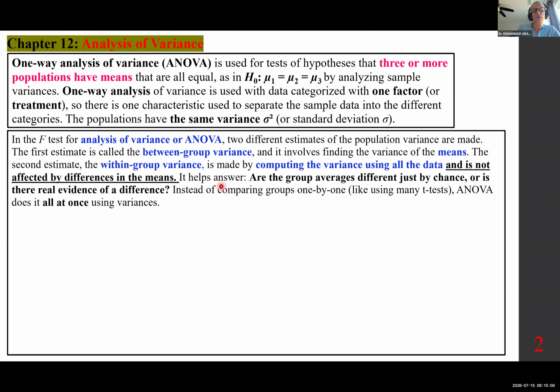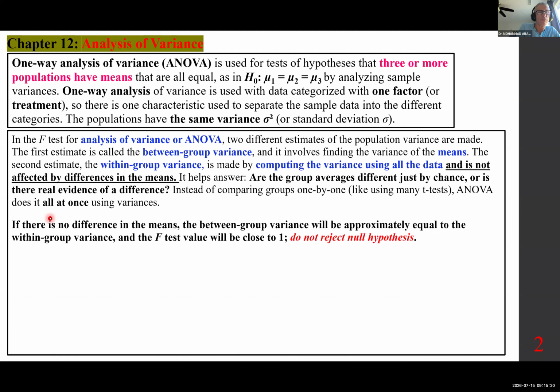It helps answer: are the group averages different just by chance, or is there real evidence of a difference? Instead of comparing groups one by one, like using many t-tests, ANOVA does it all at once using variances.